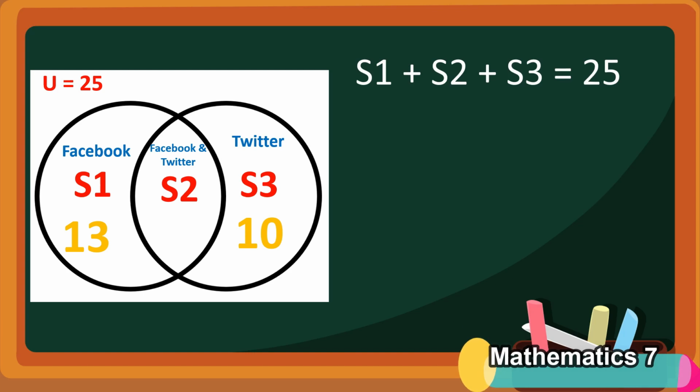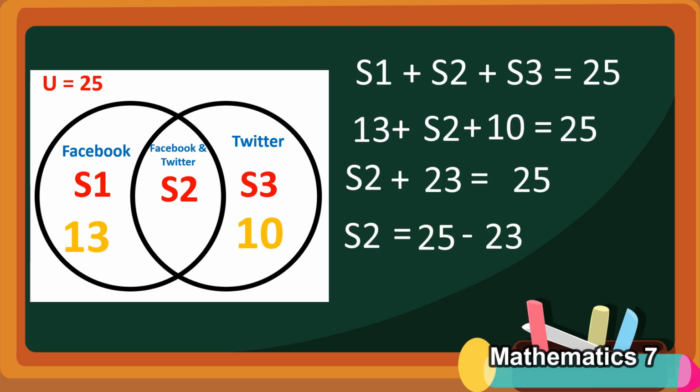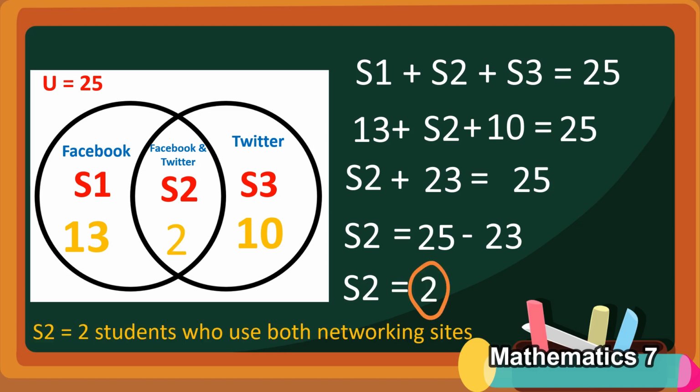Let's substitute. 13 plus S2 plus 10 is equal to 25. Now, let's simplify. S2 plus 23 is equal to 25. S2 is equal to 25 minus 23. S2 is equal to 2. Therefore, there are 2 students who use both networking sites.